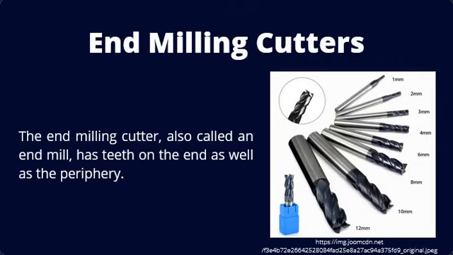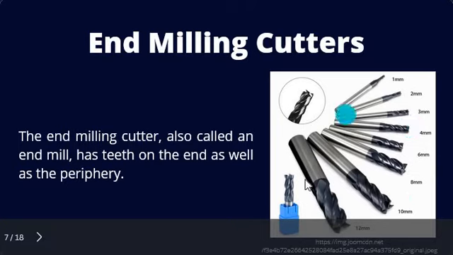Spiral flute end milling cutters are classified as left-hand or right-hand cutters depending on the direction of rotation of the flutes. If they are small cutters, they may have either straight or tapered shanks. The end mill cutter in the figure is an example of a straight shank end mill cutter.